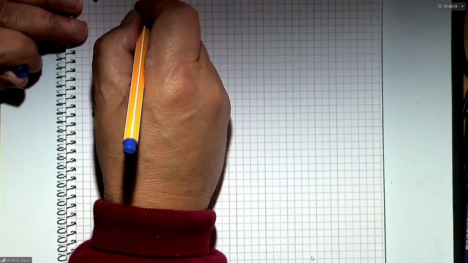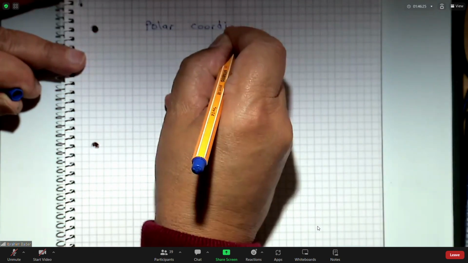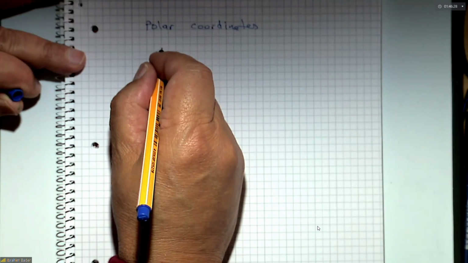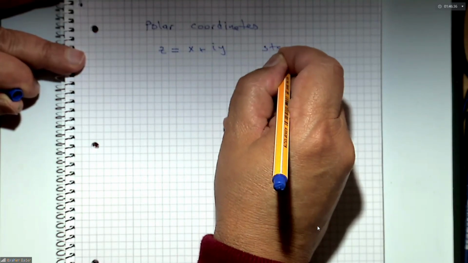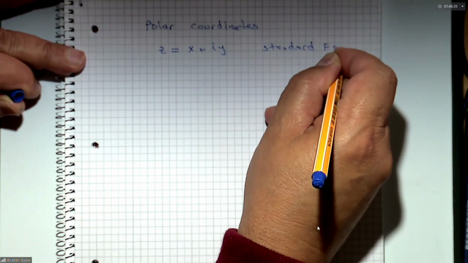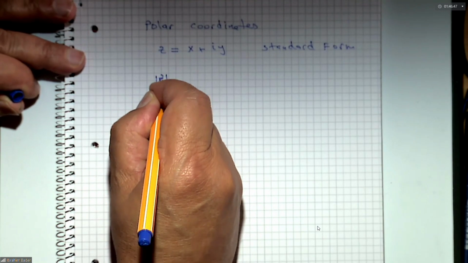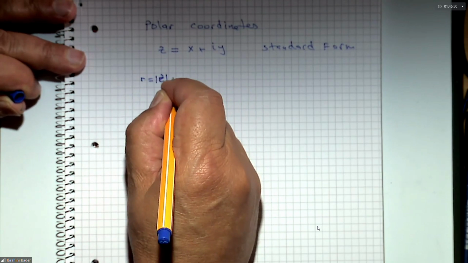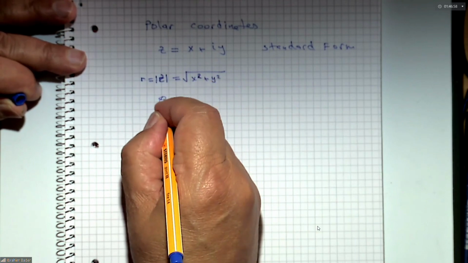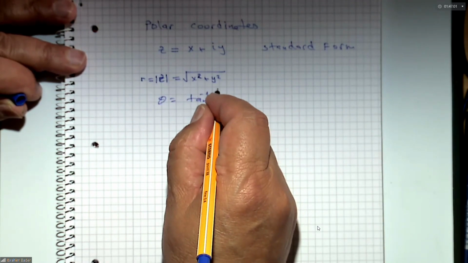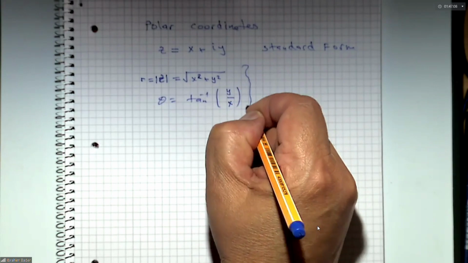Okay, so again, polar coordinates. So we said if we have a complex number in the so-called standard form, then this is the polar coordinates.